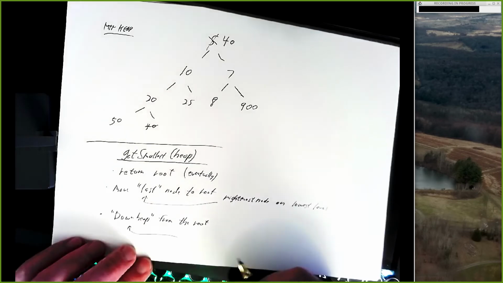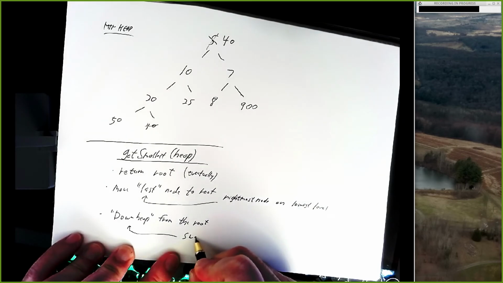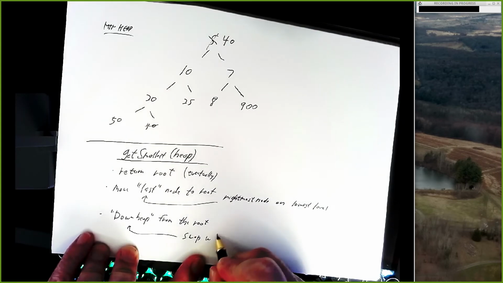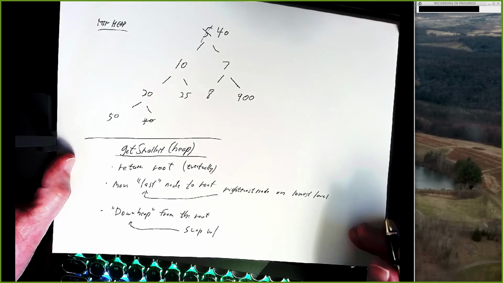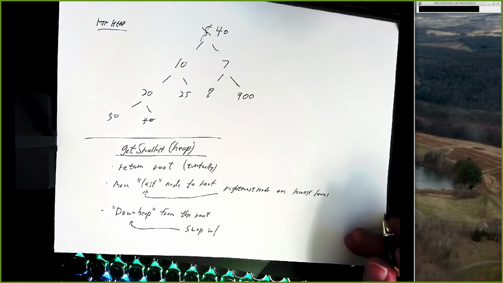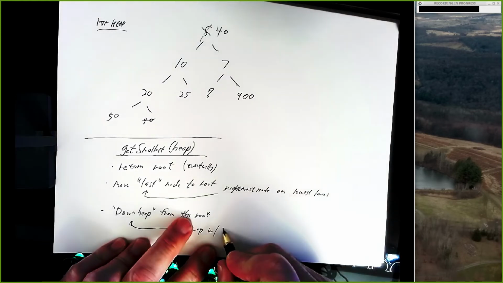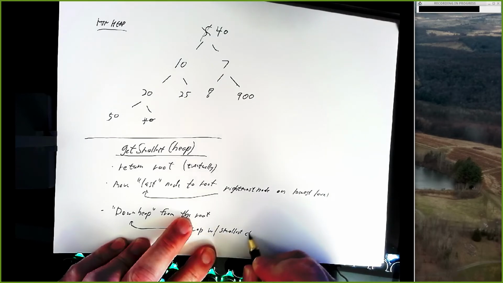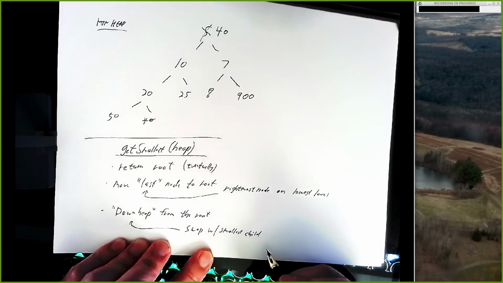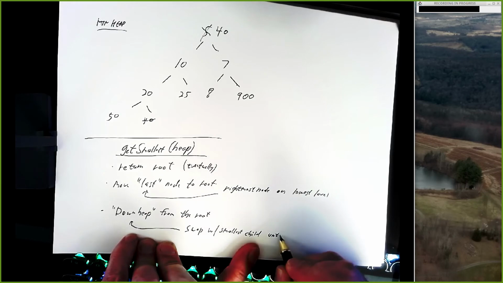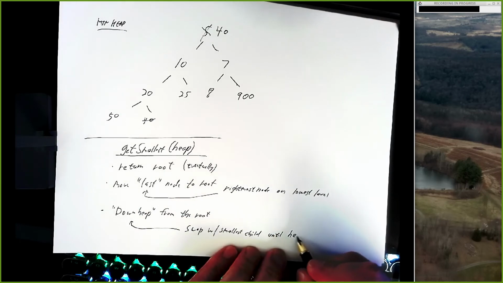What does down heap mean? It means swap with, and for a min heap, we want to be smaller than both children. So we're going to swap with the smallest child until the heap property is satisfied.